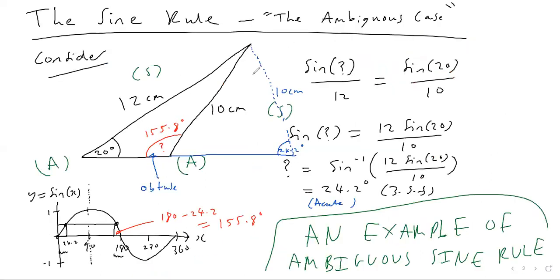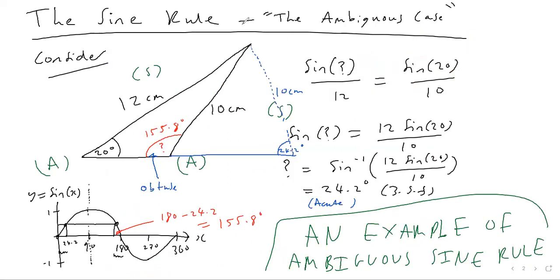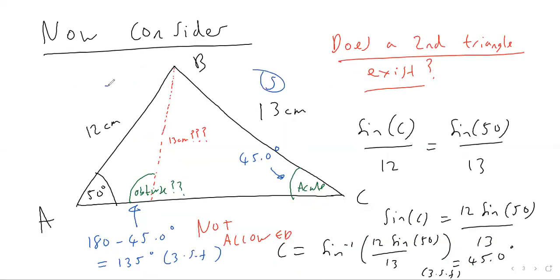Comparing this example with this example here, what do we notice is different? Well, we've still got this kind of side-side-angle arrangement on the triangle.